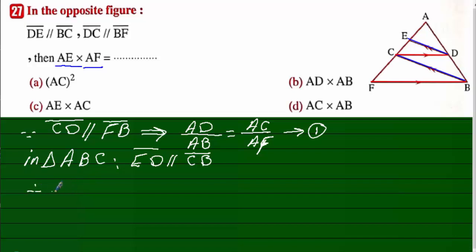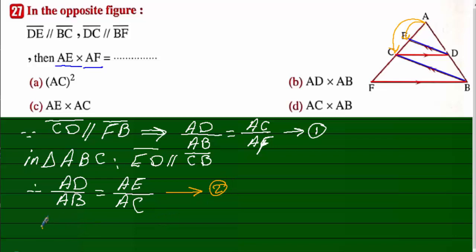We can deduce that AD over AB equals AE over AC. Okay, now we call it 2.